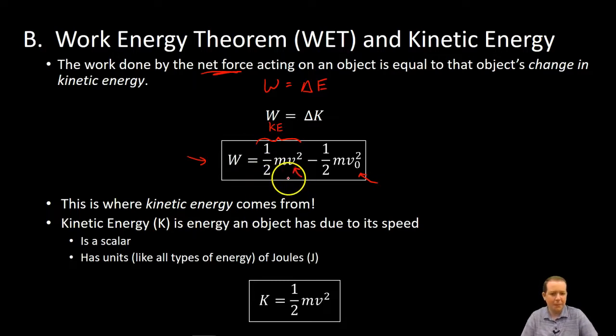So this term pops up, and this is actually a very fundamental physics equation. What does it say? It says that the net work that's done on an object causes a change in something. It's a change that's affecting the mass, and it's affecting the velocity. Because these two terms pop up, a final version and an initial version, scientists look at this like, man, this is pretty fundamental. An overall amount of work causes a change in these two terms.